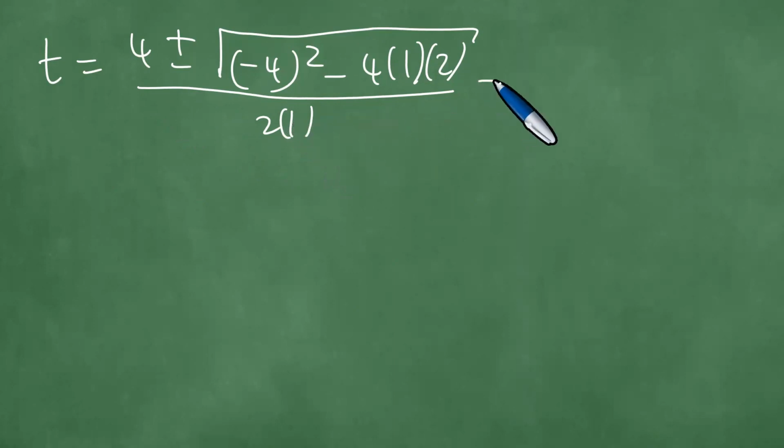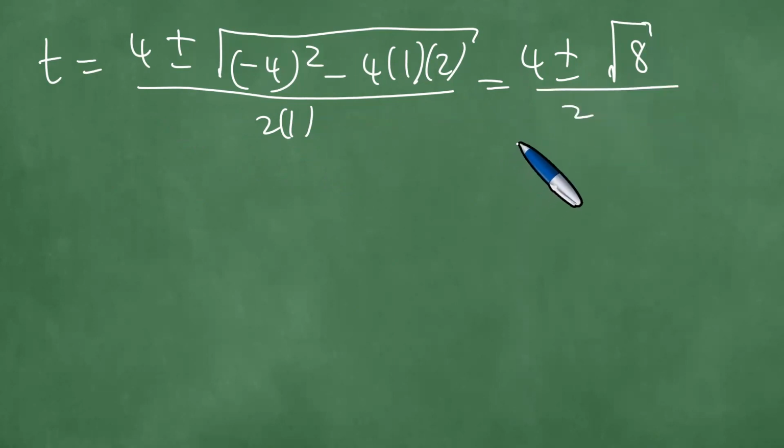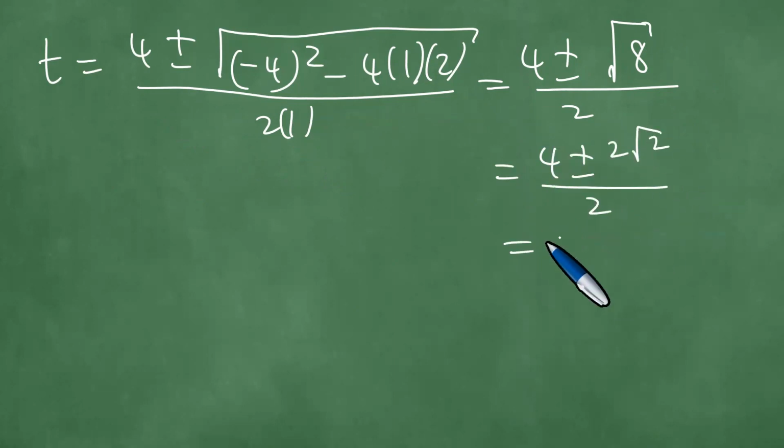Therefore, the answer is 4 plus or minus the square root of 8, divided by 2. The square root of 8 is 2 times the square root of 2. If you divide by 2, then it's 2 plus or minus the square root of 2.